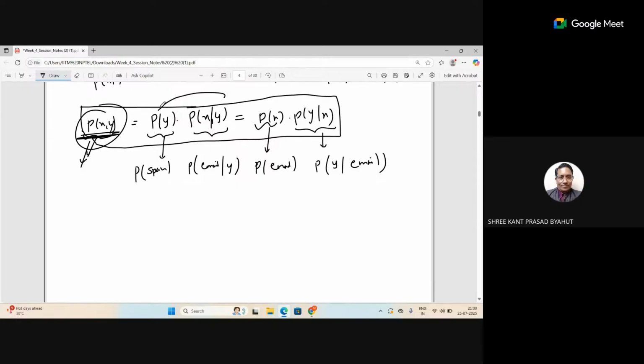So you need to find out the probability of this sentence given spam, and the probability of the email given non-spam. Now it will have, let's say, 0.05 probability, and this will have, let's say, 0.03 probability.